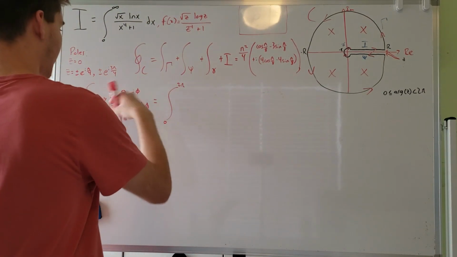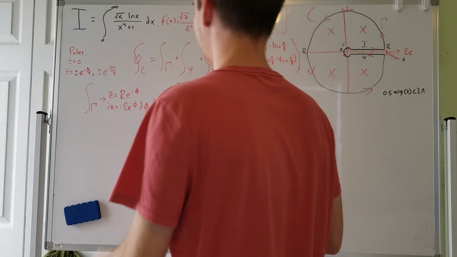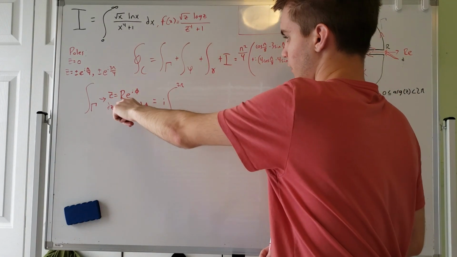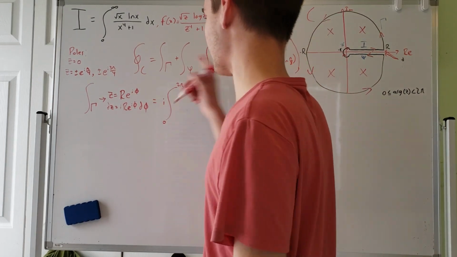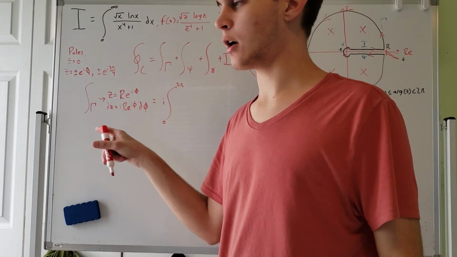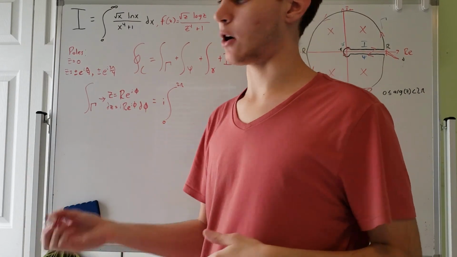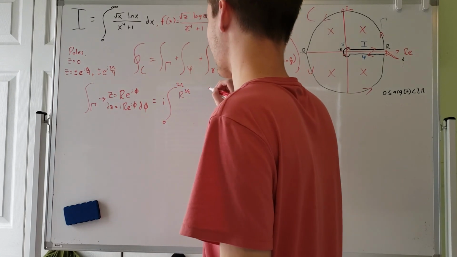Now, from a differential element, I'm just going to pull out an I out front. Now, we basically have to take our function f of z and substitute this into z. So, the square root of z will be first the square root of r, which we get another from the differential element. So, root r times r will be r to the 3 halves.